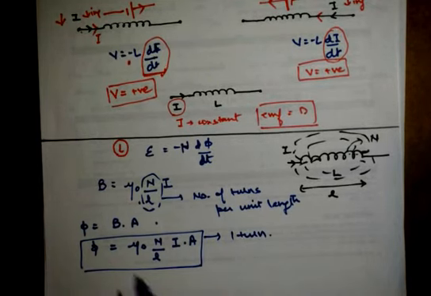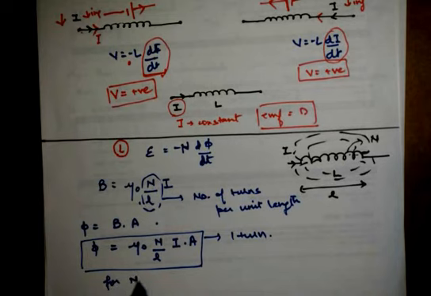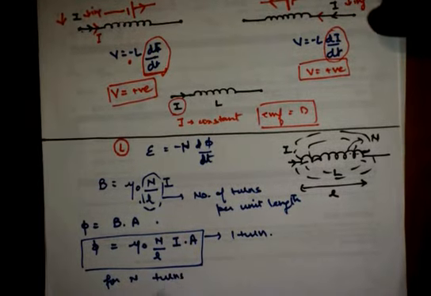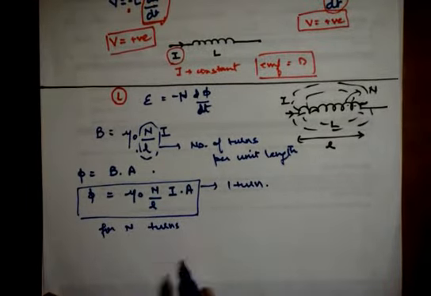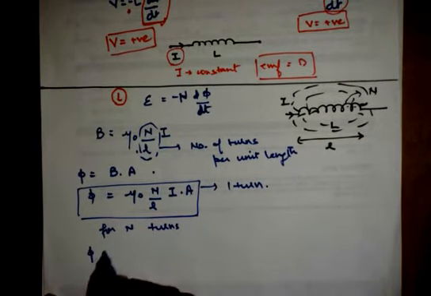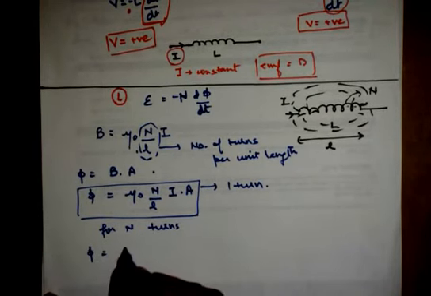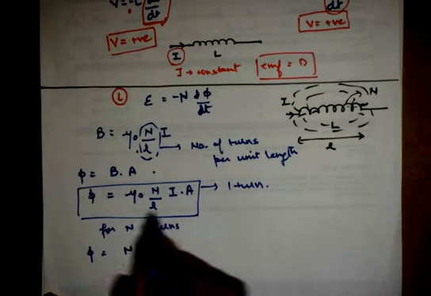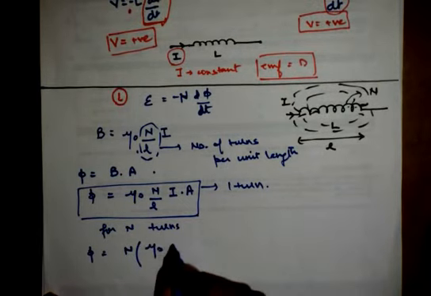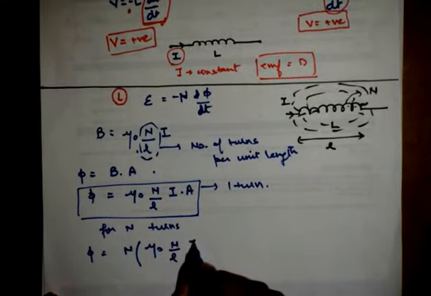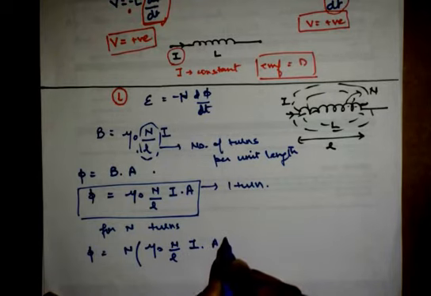Alright, so for N number of turns, what will be the flux? The flux will be N into this whole term, that means mu naught N over L I into A.